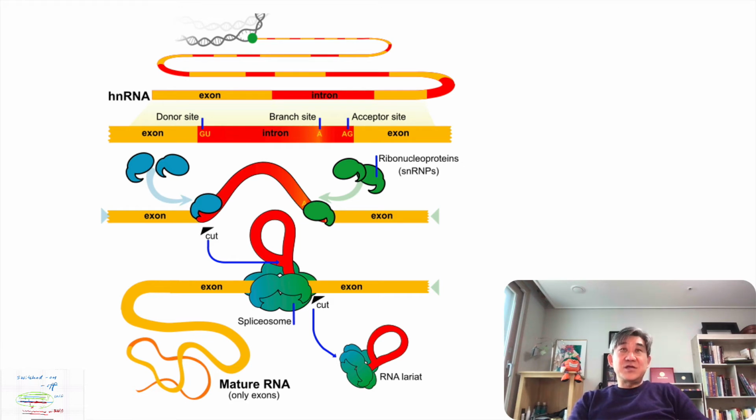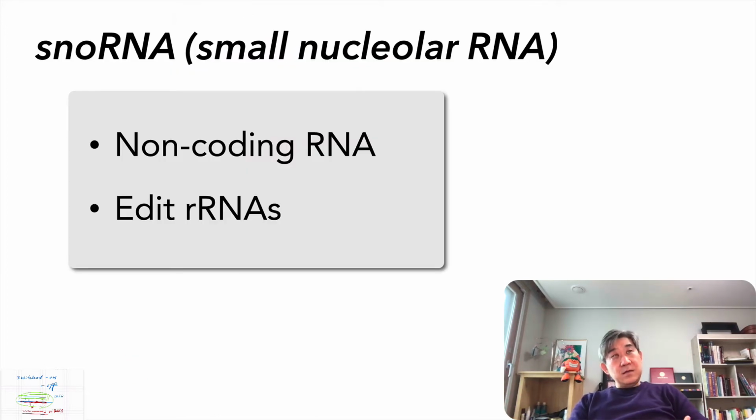I guess it's suffice to say that there is a particular type of non-coding RNA that is needed to do this particular activity. We call this intron removal. And another type of such RNA is called the snoRNA, standing for small nucleolar RNAs.